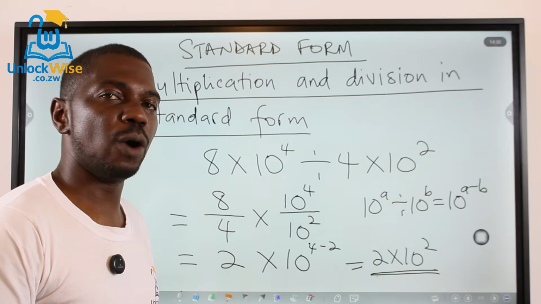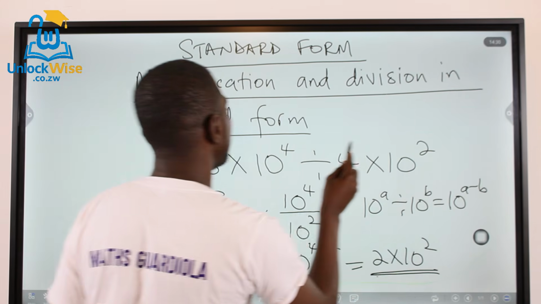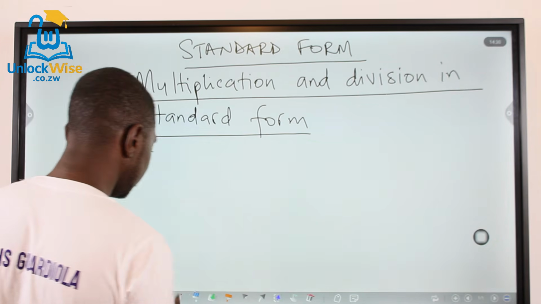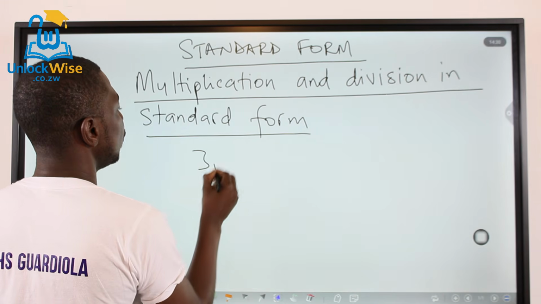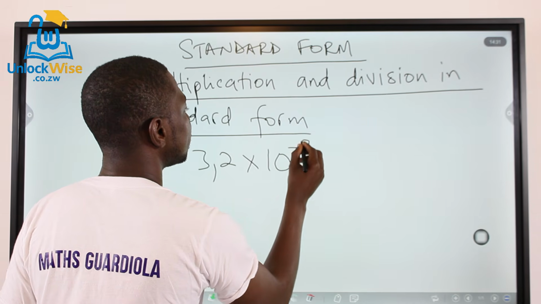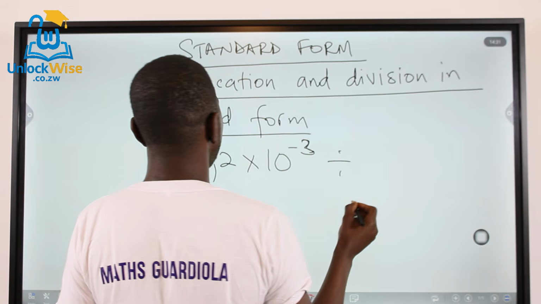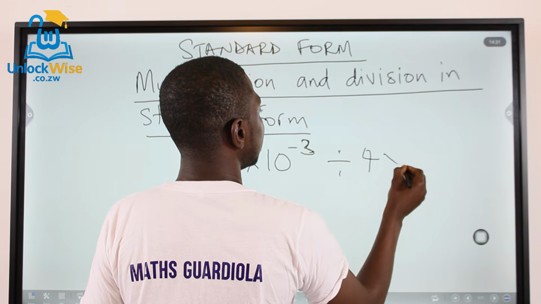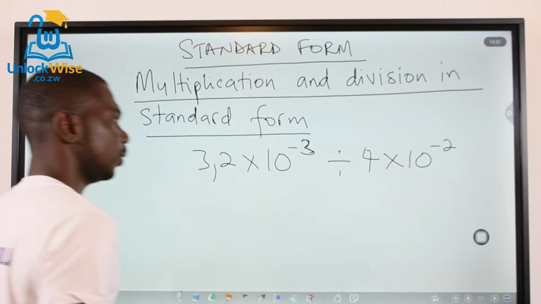So what will happen now is, let's say, as we are dividing, we come across a number like 3,2 times 10 to the power negative 3, and is being divided by 4 times 10 to the power negative 2, right?